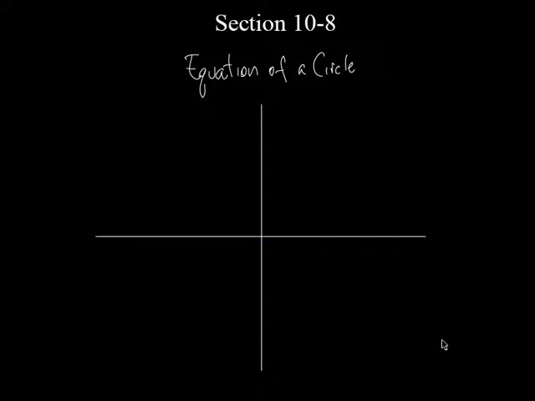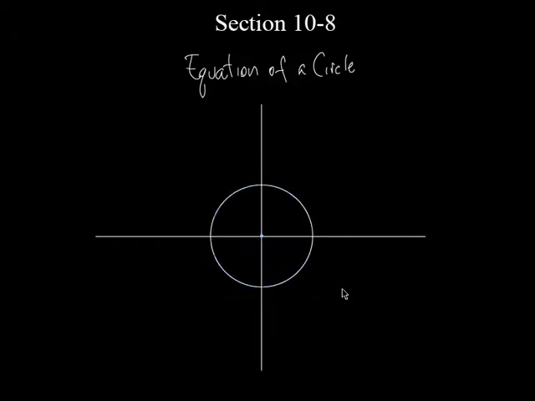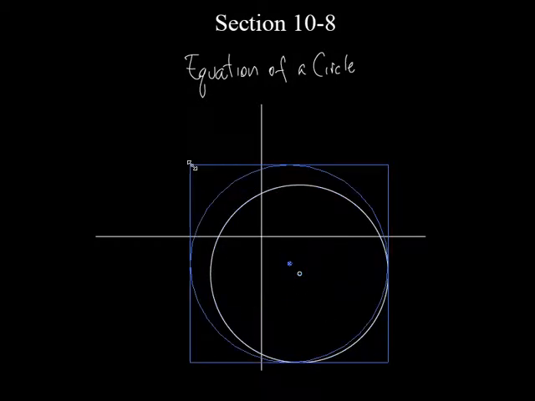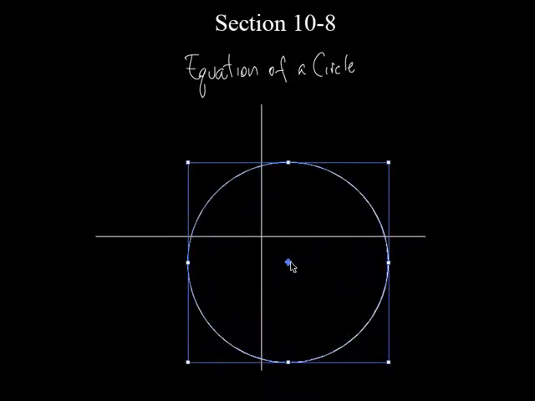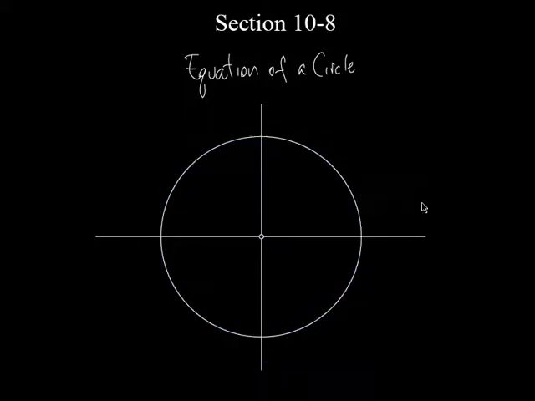Here's an x and y axis, and I'm going to put the center of the circle right at the origin of this x and y axis. Let's make this a little bit bigger so I can draw on it. Got a nice circle, center of the circle is at the origin.